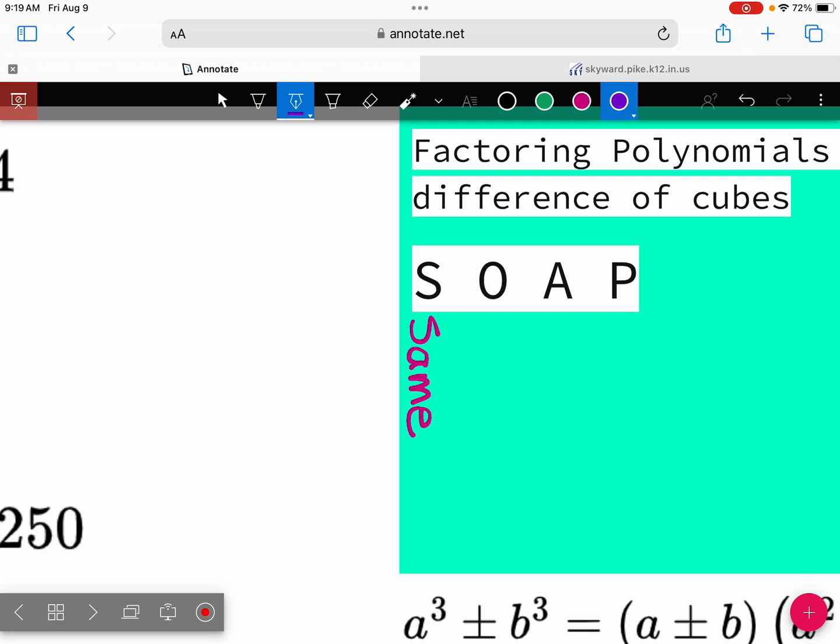Our second sign will always be the opposite sign. There we go. Opposite. And the AP, these go together, is always positive.